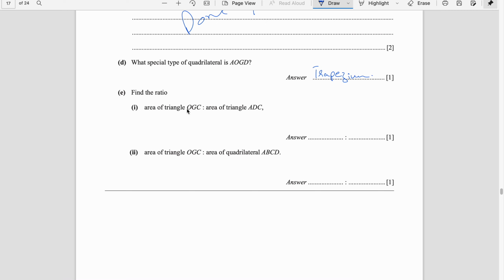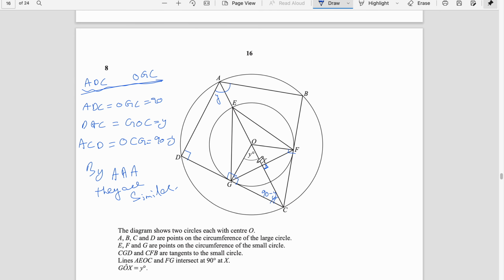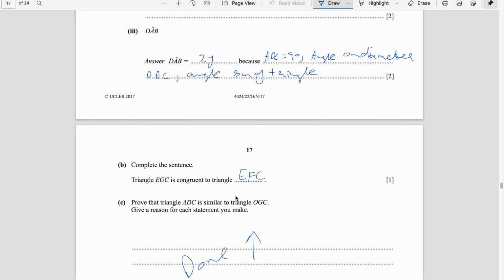Find the ratio of the area of OGC and ADC. So this is the radius of the larger circle and this is the radius of the larger circle on the other side. So this is 1:1 or 1:2 for the full length.